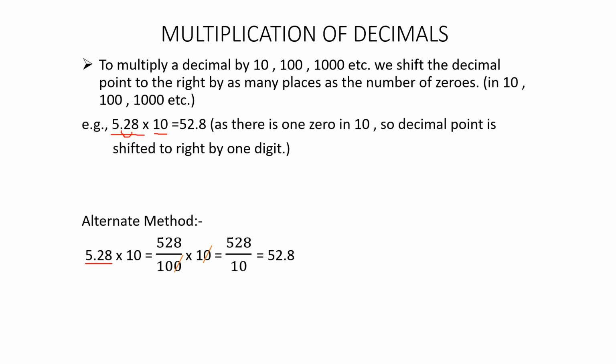So how many zeros are there here in the denominator? 1 zero. So we'll move from right to left by one digit. Why? Because here 1 zero is there. Clear? So our answer is 52.8. So you can use any one of the methods out of these two. Clear?